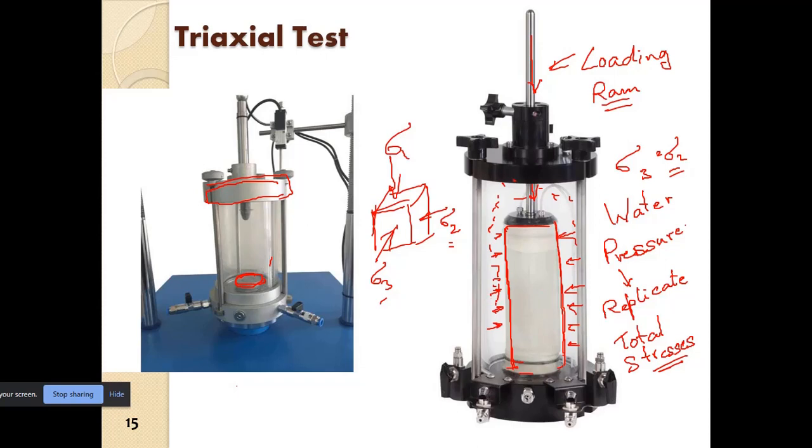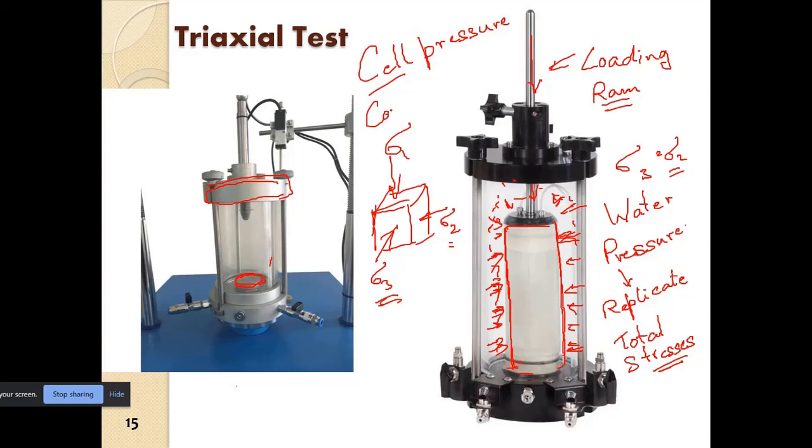The only thing is that it will exert whatever pressure we have applied onto the water onto the soil sample, at all points perpendicular to the soil sample. So that is the confining stress, or the cell pressure as we say.